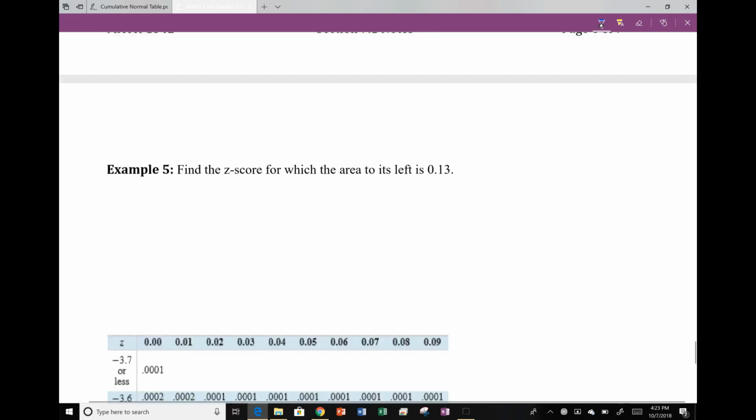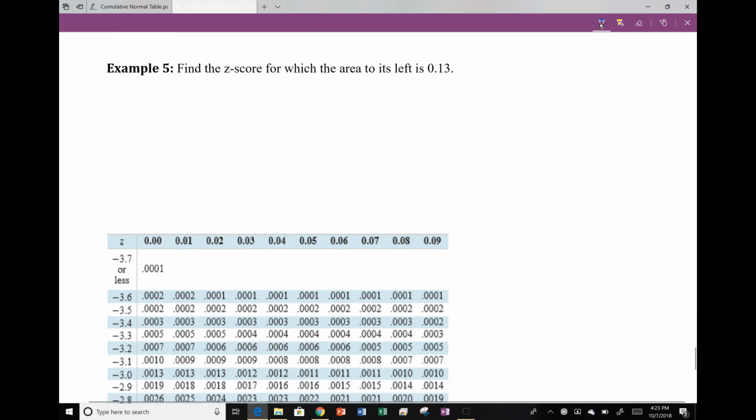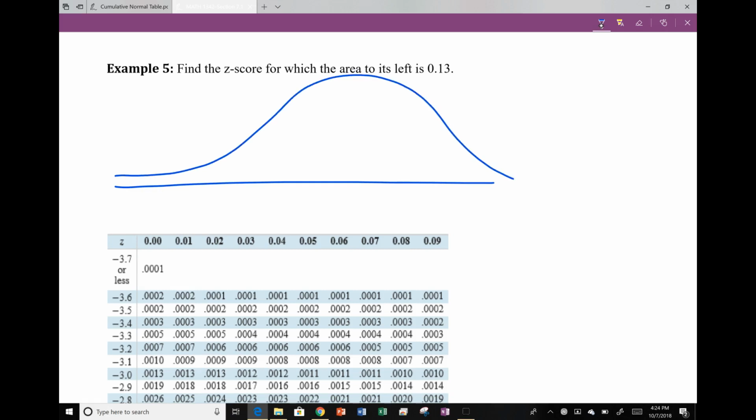One last method that I want to show you is I want to find the z-score for which the area to the left of it is 0.13. Well, here we don't have the actual z-score. We have the area. So here's my 0. And I know that it's going to be 0.13, so that's partly over here in this smaller section.